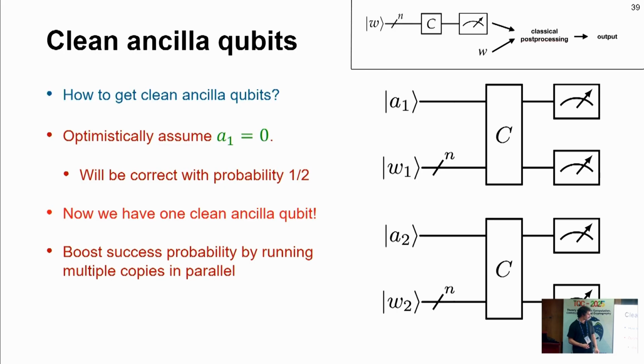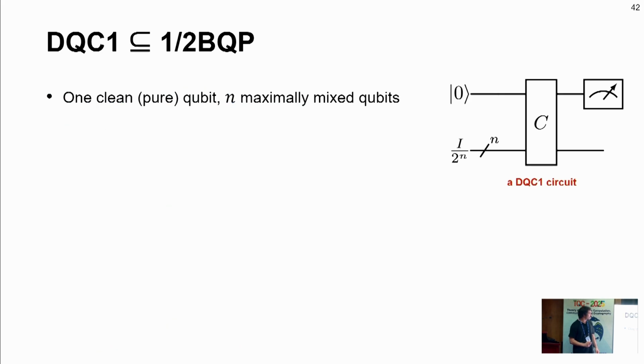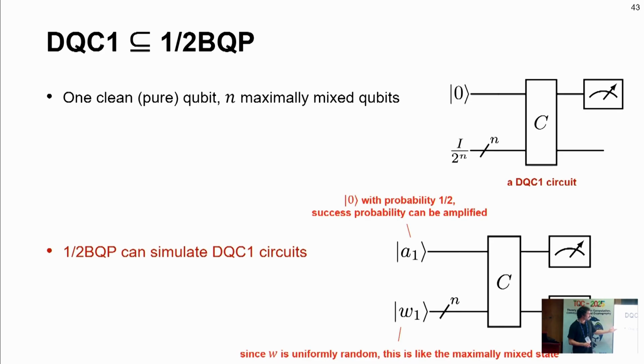If we didn't get a 0 when we measured W, we just try it again, and we can try it again in parallel. Then we pick whichever run of the circuit succeeded, and that's our clean qubit. Furthermore, this gives us O of log n clean qubits using only polynomially many parallel copies. And by essentially the same argument, this shows that one clean qubit is in half BQP.